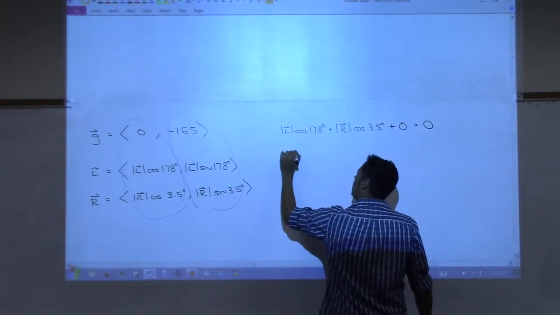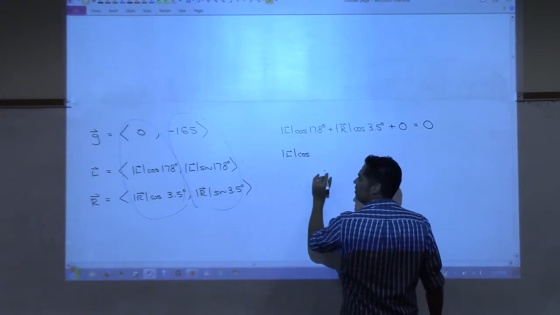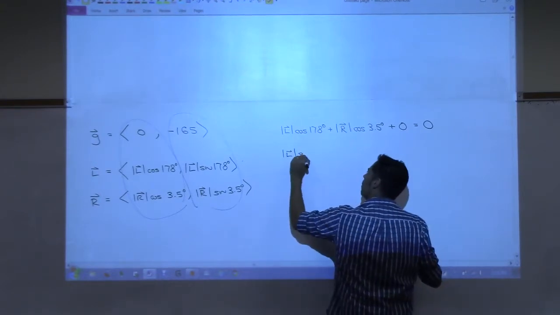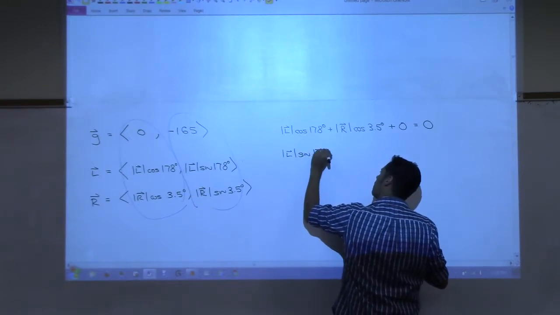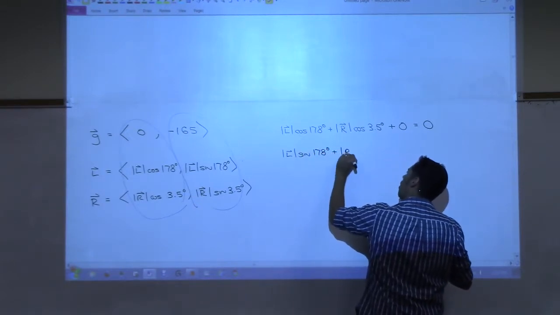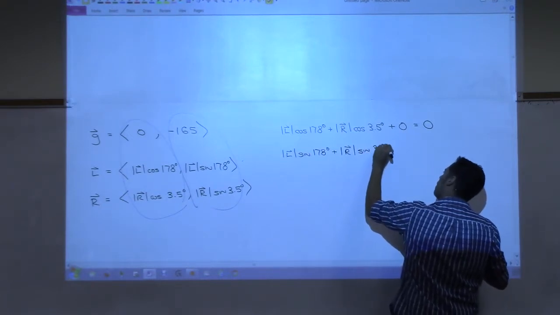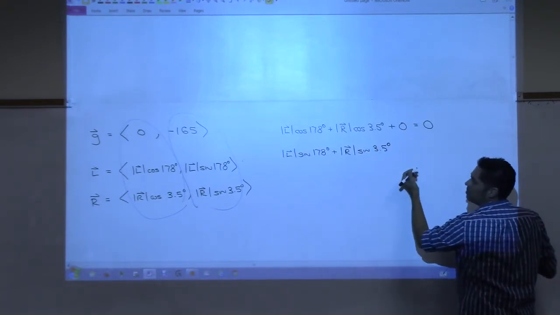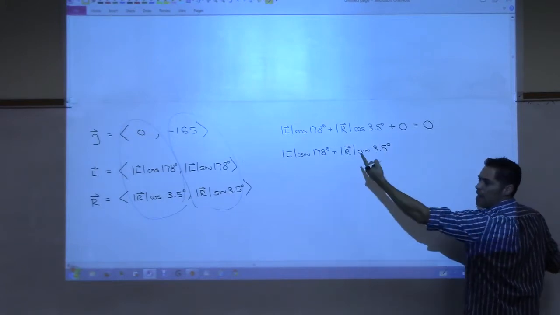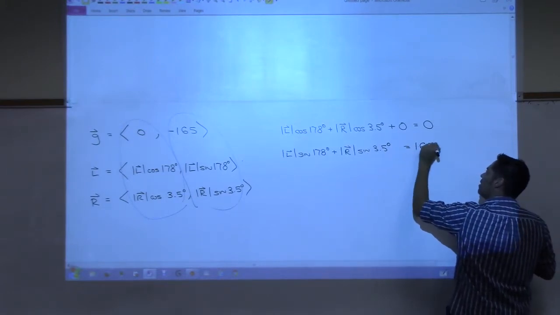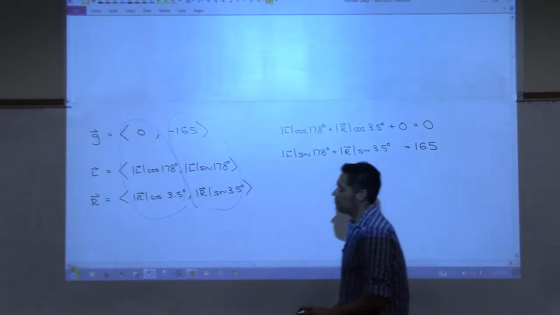Magnitude of L, sine of 178, plus magnitude of R, sine of 3.5, plus, it's actually minus 165, right? So I'm going to just say equals 165. I'm going to take that over to the other side.